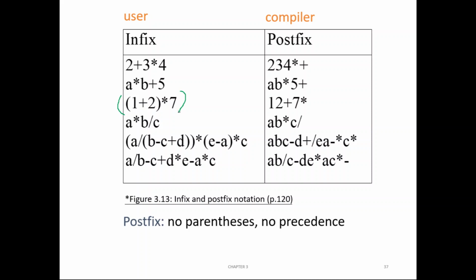But to convert it to postfix, again follow the same rule. What is the innermost bracket? 1 plus 2. So the operator involved is plus. That will replace the closest closing bracket. Now coming to the next level of the bracket, it is this sum star 7. So this star will replace the outermost closing bracket.